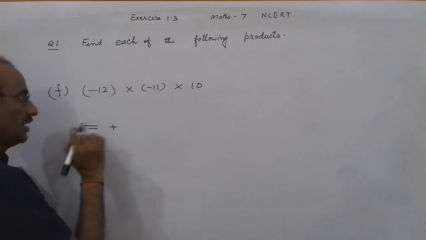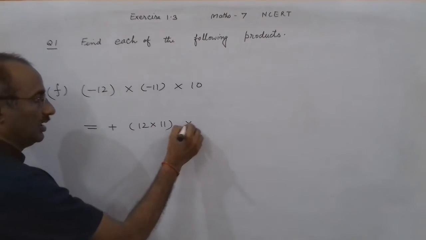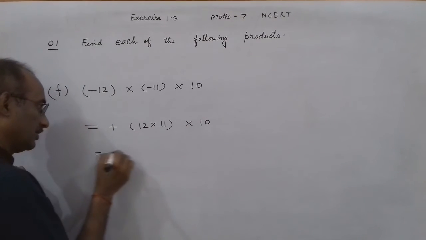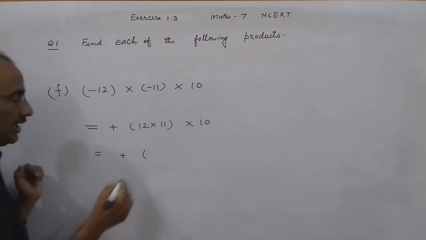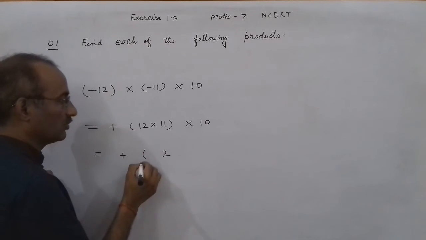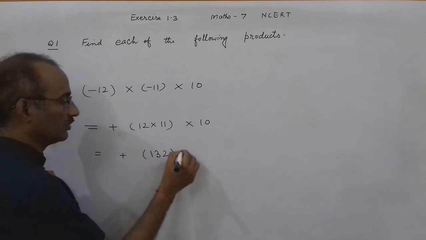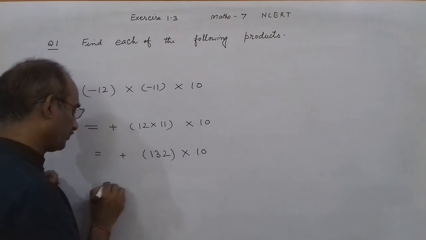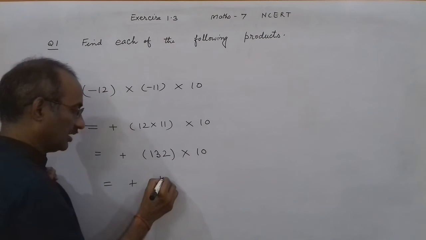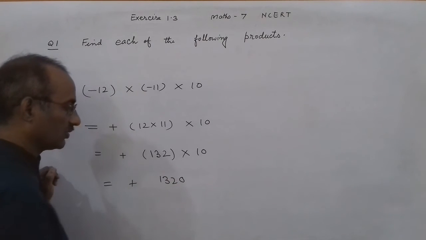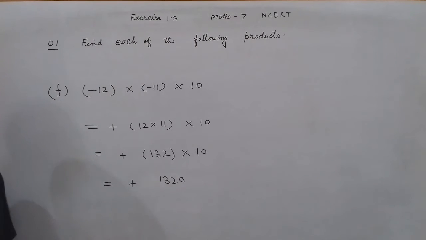So we put a plus sign here and then we multiply 12 with 11 and then we multiply by 10. So if we multiply 11 and 12, we get 11 twos are 22 and 11 ones are 11, and 2. So here we get 132 multiplied with 10. 132 and put a 0. So our answer is 1320.